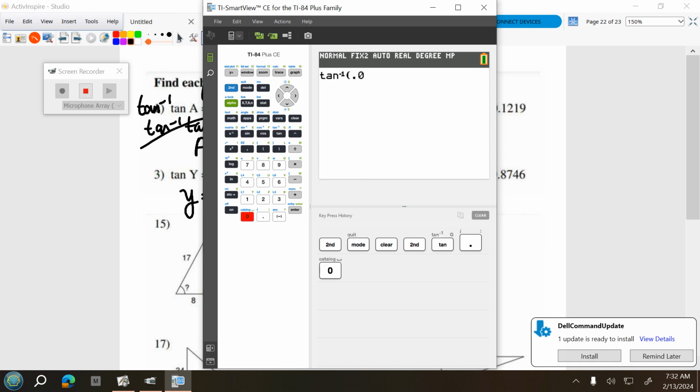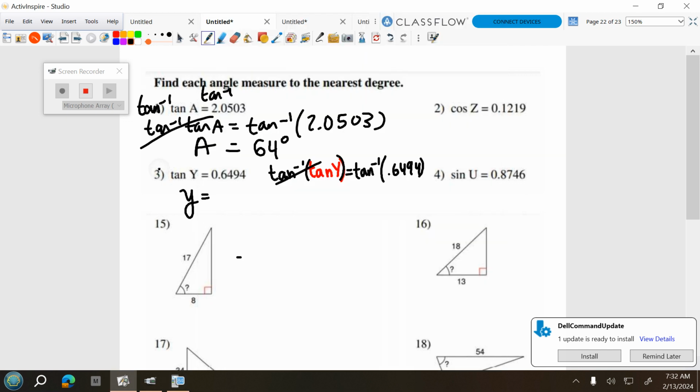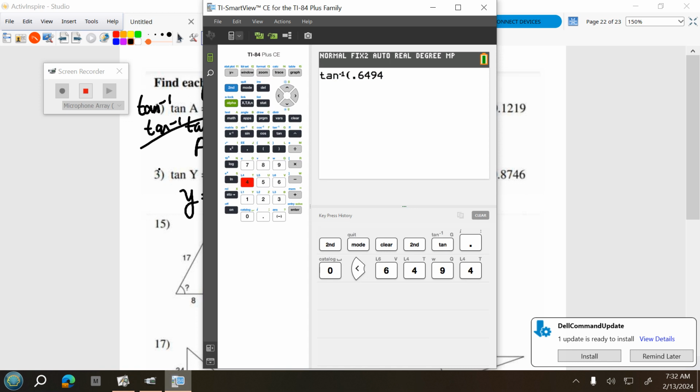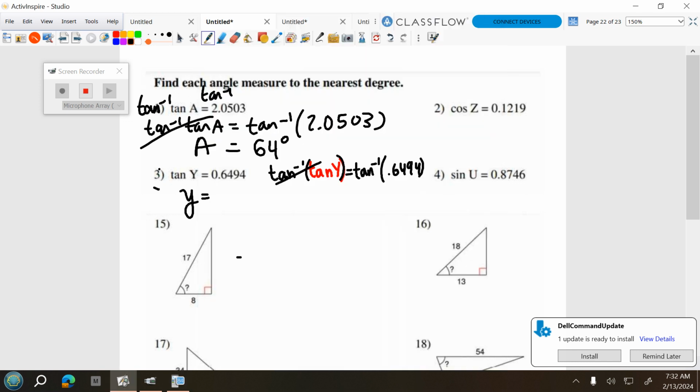Make sure that's right. 6494. Enter. We get 33 degrees. Okay, pretty straightforward stuff for inverse trig.